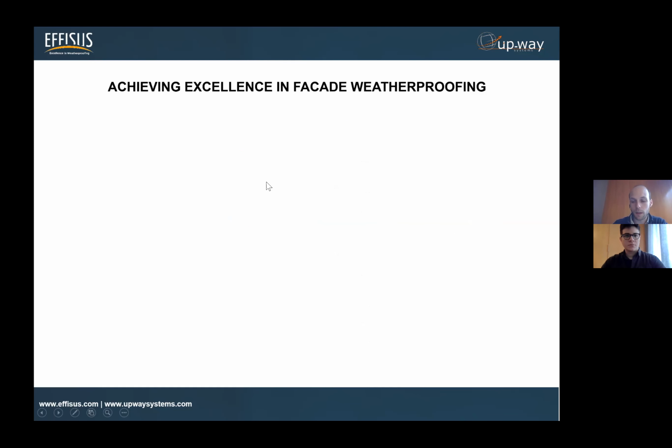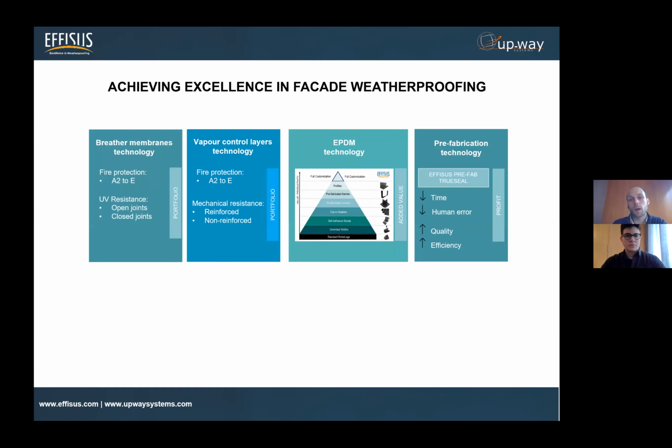So at Effisus, we have these four main divisions. We have breathable, we have vapor, we have EPDM, and we have prefabrication technology. Those are the main segments of technology that we have available, and we are able to play with each one of them in order to get the best solution for the project.